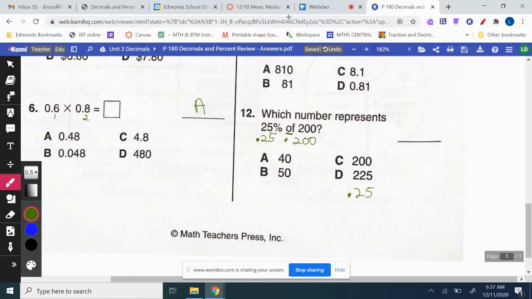I'm going to put 0.25 on the top and 200 on the bottom. Placeholder 0, placeholder 0. 2 times 5 is 10, carry the 1. 1 times 2 is 2, plus the 1 is 5. Now, I have to count my decimal places, so I had 1 decimal place, 2 decimal places. Here's my decimal, 1, 2. So 50 is my answer, which is B.